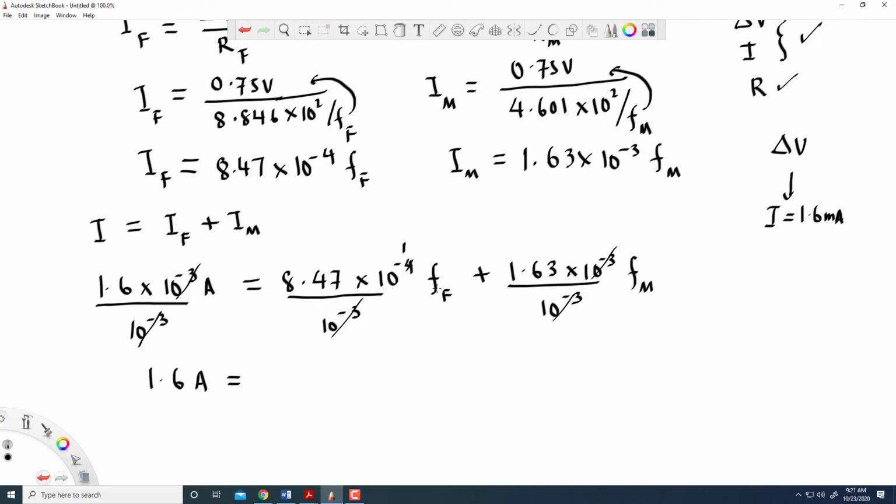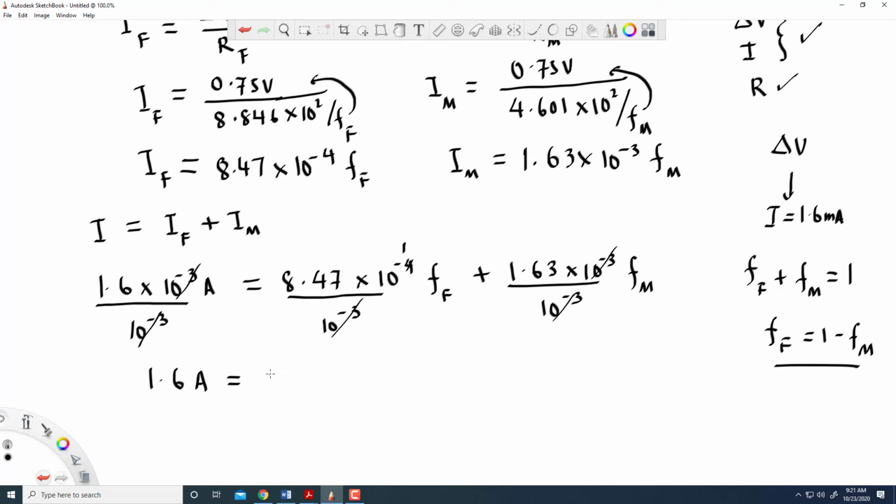Now F sub F and F sub M are related, so we can express one in terms of other. So we know F sub F plus F sub M is 1, so we can write F sub F is 1 minus F sub M. Okay, this will help us to write this in single variable.